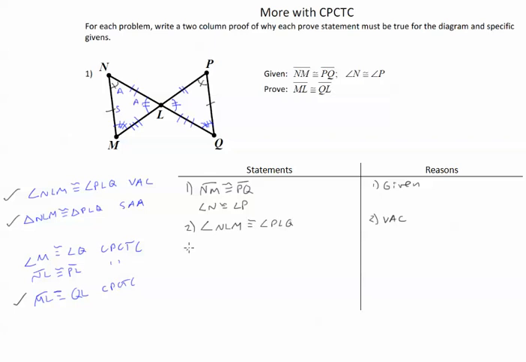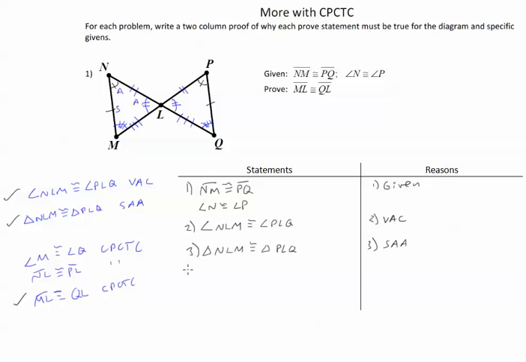And the next thing that I was able to prove or show was that triangle NLM is congruent to triangle PLQ. I was able to show that by side angle angle. And then, what else do I need in here?